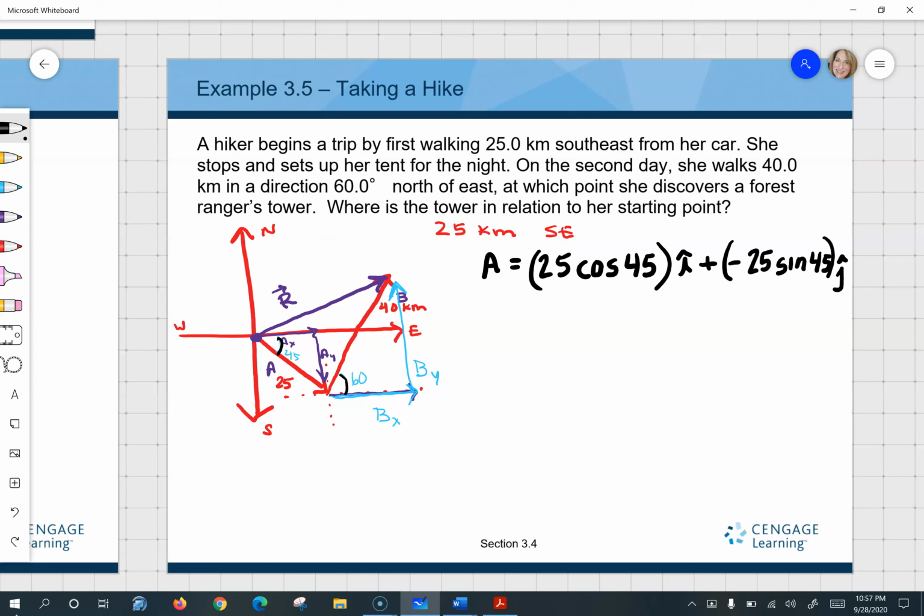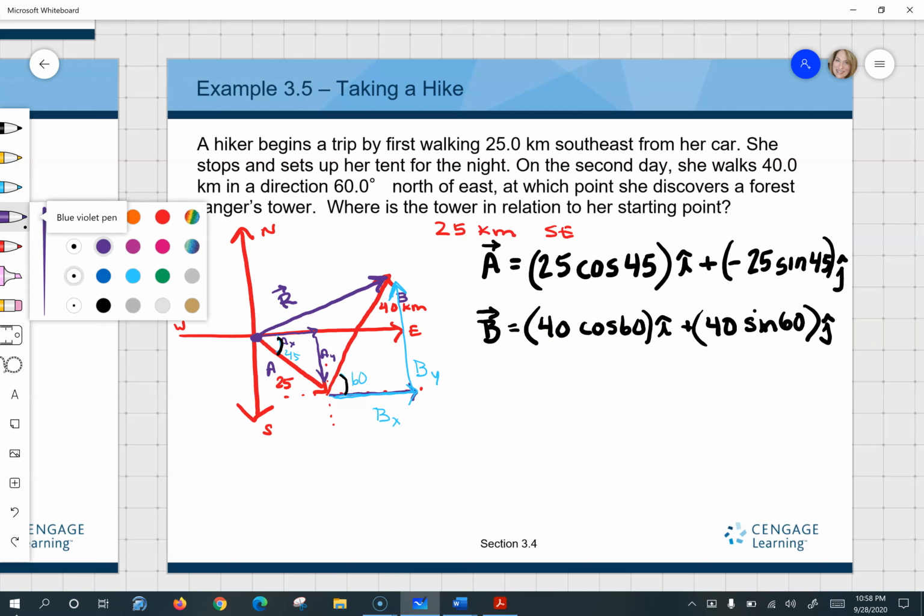Now pause the video and you try to write vector B. You see I already put out my vector symbol. Hopefully you came up with that.